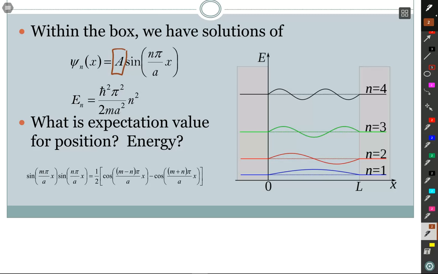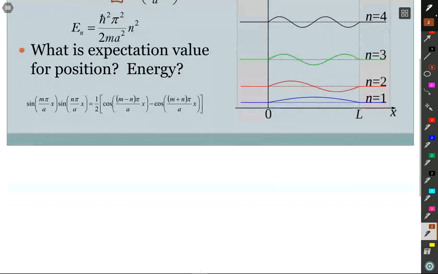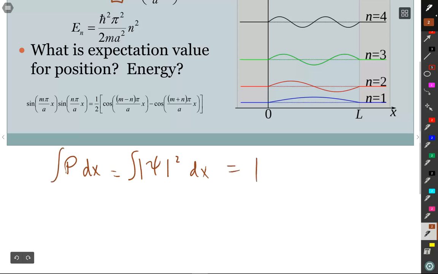Well, here we have a continuous distribution, and remember, our probability density, our probability per unit distance, was probability dx is equal to psi mod squared dx. So if I add these up over all space, which if it's a continuous function means integrate over all space, that has to equal 1.